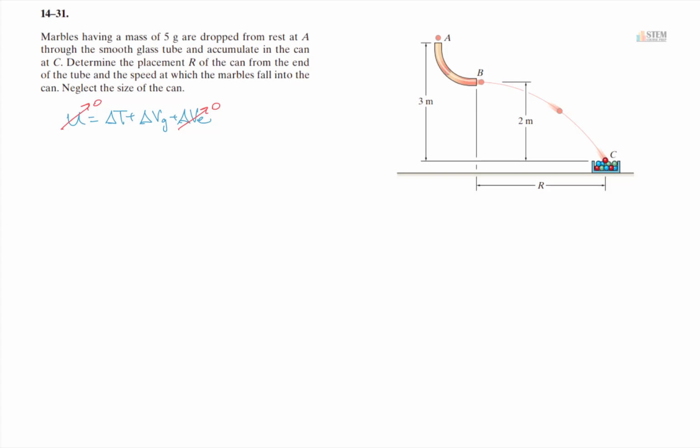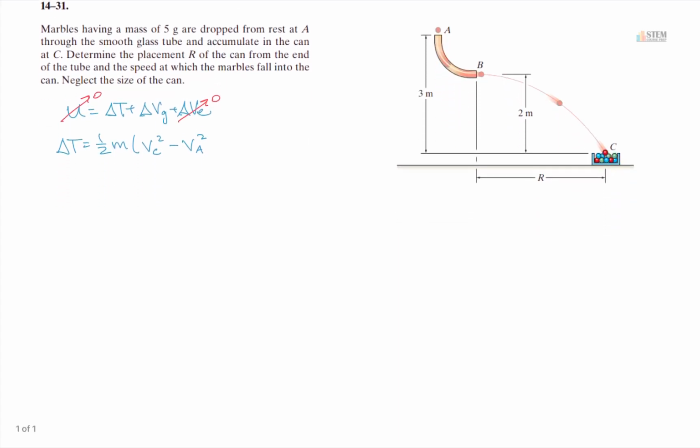So let's go ahead and figure out what those would be. So first of all, delta T, that's 1/2 times the mass times your final velocity, which in this case would be the velocity at point C, so right here, and then minus our initial velocity, which would be the velocity up here at A. So we need to figure out what that should be.